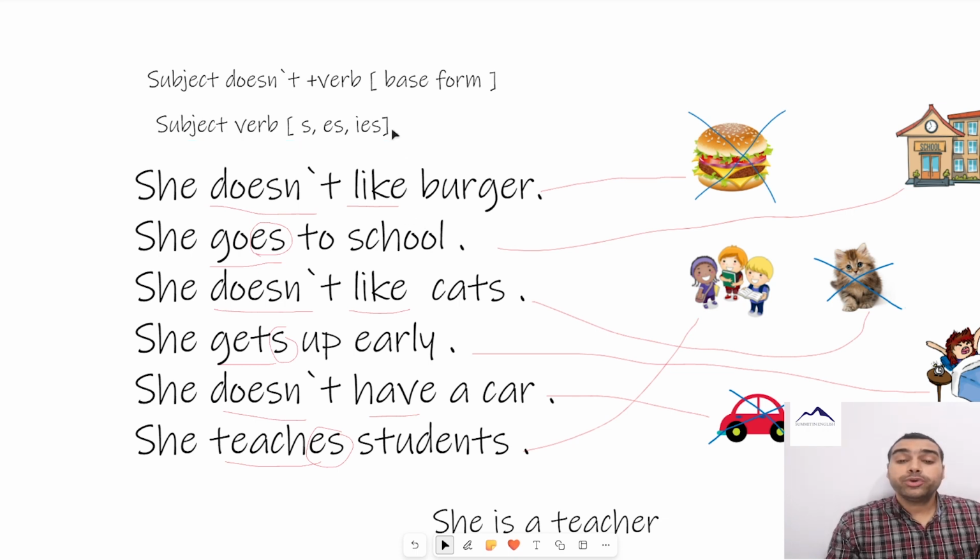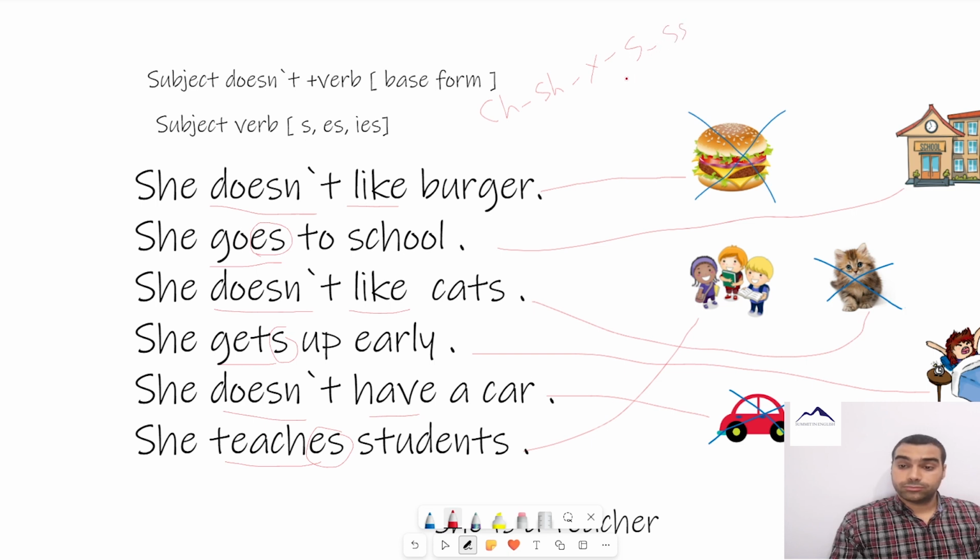So, when do we add es or ies? We add es to any verb that ends in ch, sh, x, s, ss, or o. Any verb that ends with these endings, we add es.